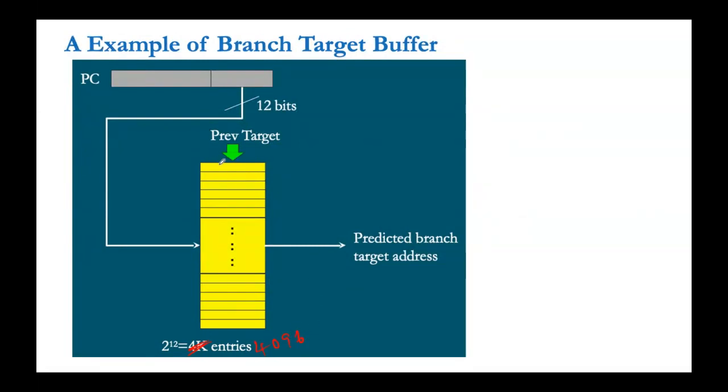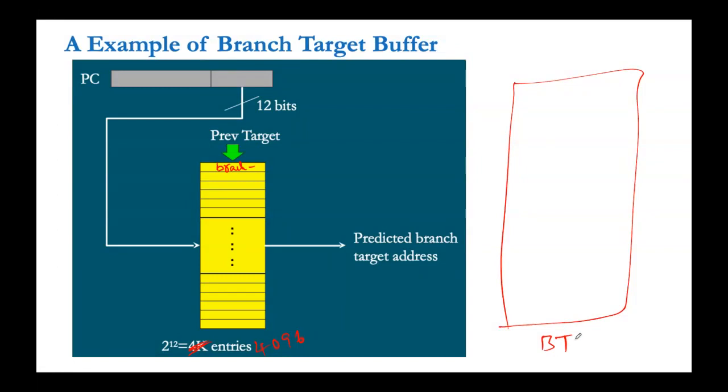That array holds the address of your branch. We call this array your branch target buffer. This branch target buffer holds the entries for the branch address, and it is similar to your branch history table.